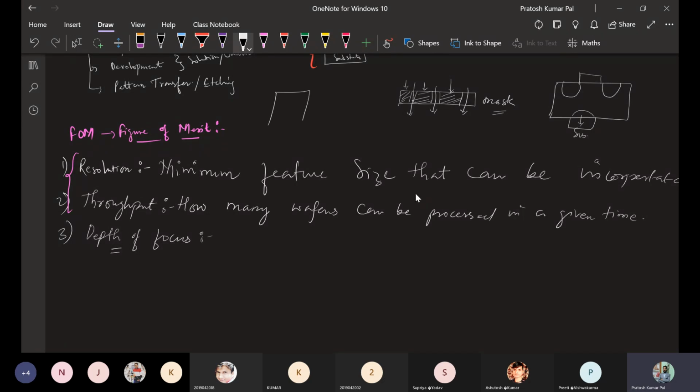Like suppose a mask is implemented for this. Okay, and one more mask is needed, we have implemented another mask. So this portion should be exposed, in the previous one this needed to be exposed. So this is how the alignment should be done.